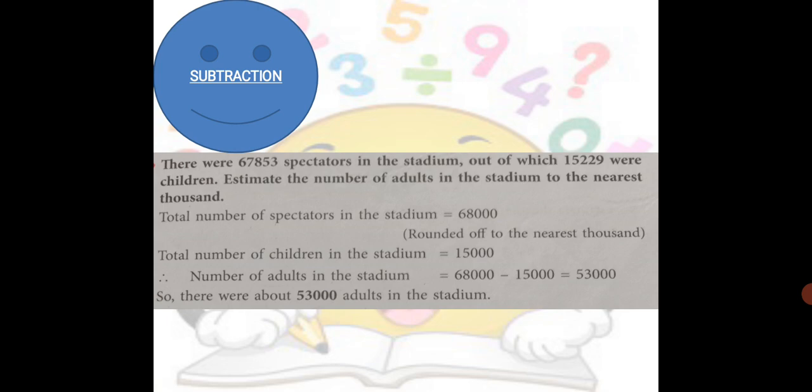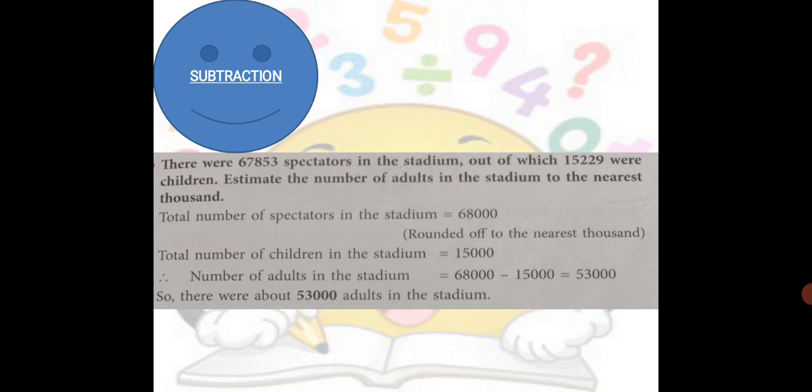Now, if we subtract the number of children from the number of spectators, we will get the number of adults. So, we have to subtract the rounded off number of children from the number of spectators. If we subtract 15,000 from 68,000, we will get 53,000.